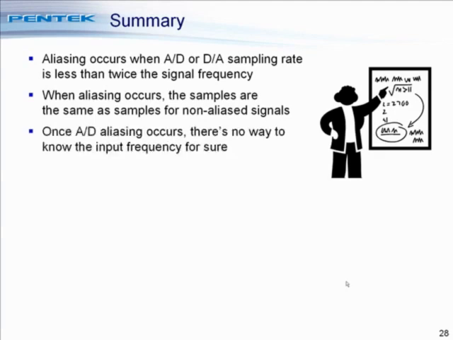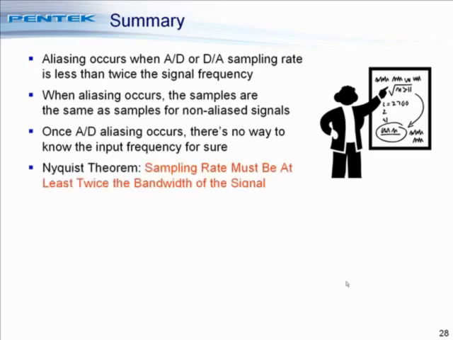Once A to D aliasing occurs, there's no way to know what the input frequency truly was. Nyquist's theorem tells us that sampling rate must be at least twice the bandwidth of the signal. We looked at the fanfold paper aliasing tool. This is extremely useful for doing aliasing analysis.